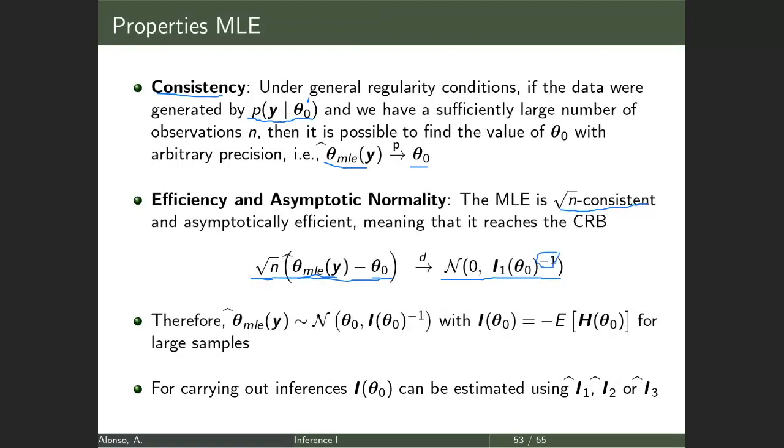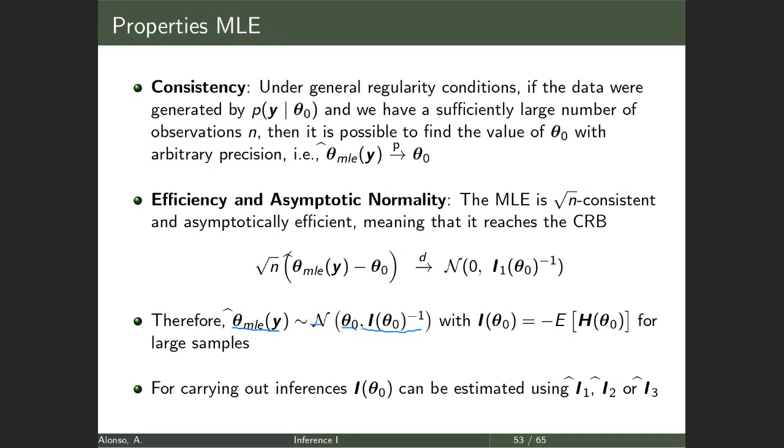So the inverse of the Fisher information matrix for one observation. Or you can rewrite this in another way, which is easier. So the maximum likelihood estimator of theta asymptotically has a normal distribution, with mean the true value you're trying to estimate, theta zero, and then the inverse of the Fisher information matrix.